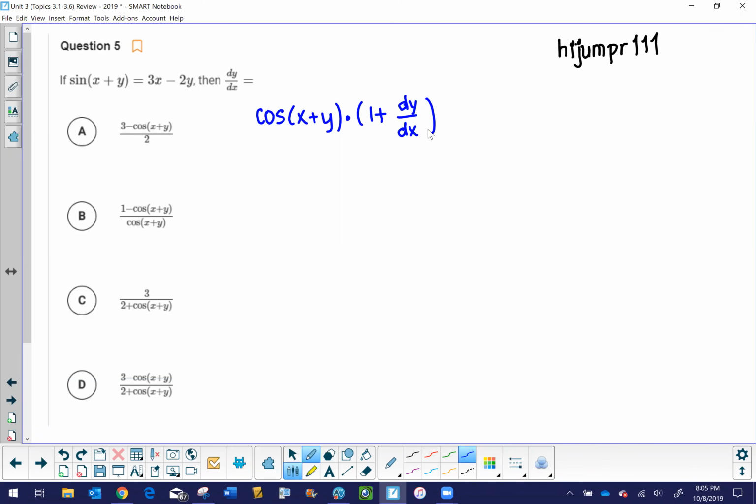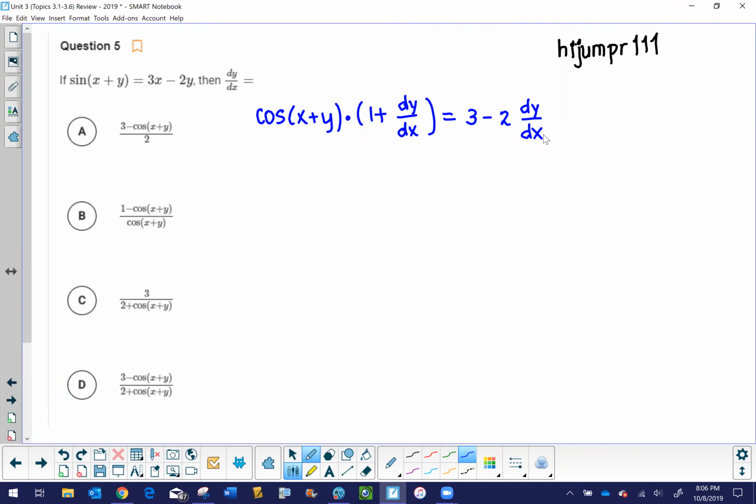Okay, so does everybody feel pretty comfortable with that part? Right, cosine quantity x plus y, and then times 1 plus dy over dx. Because the right side is the piece of cake. The right side, the derivative of 3x is 3, and the derivative of negative 2y is negative 2 dy over dx.